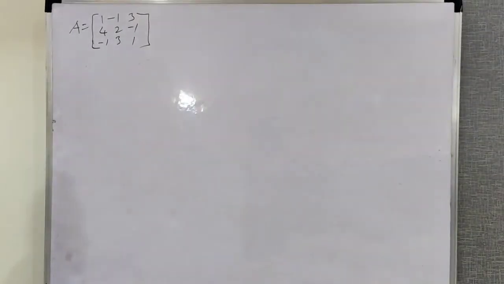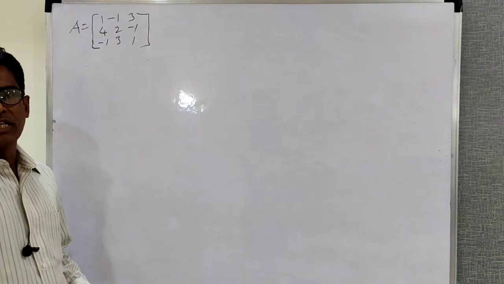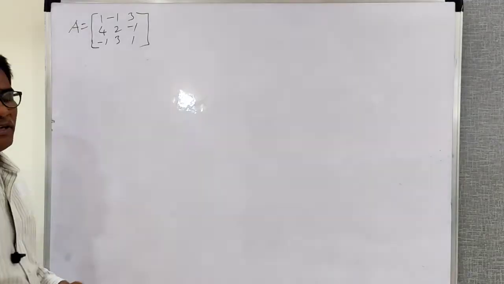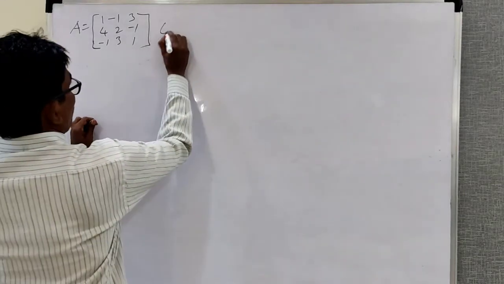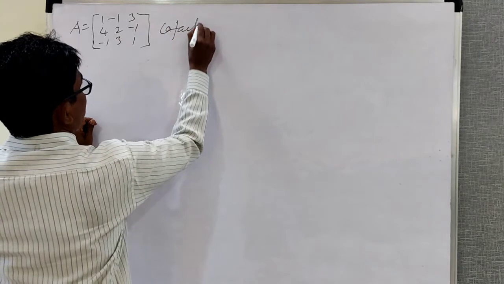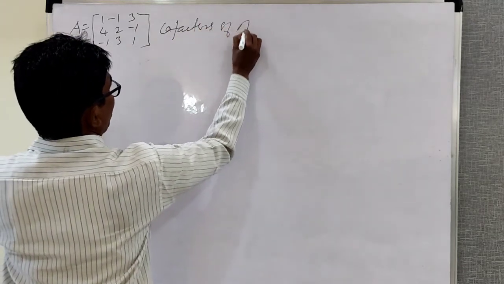A inverse is nothing but adjoint of A by determinant A. Adjoint of A is nothing but cofactors of all elements and its transpose. Cofactors of A.